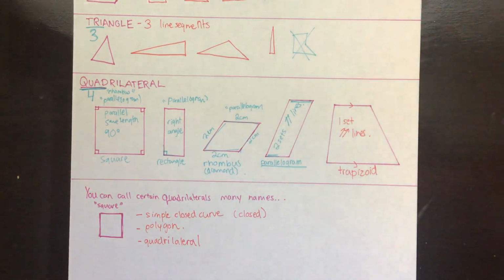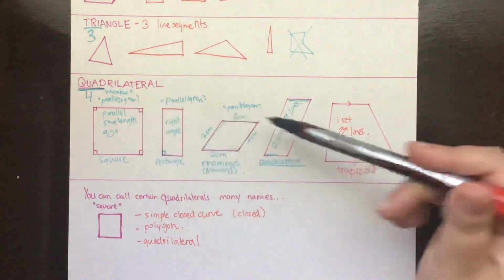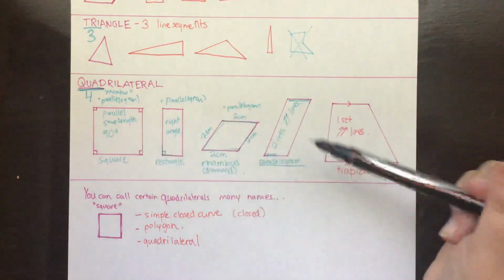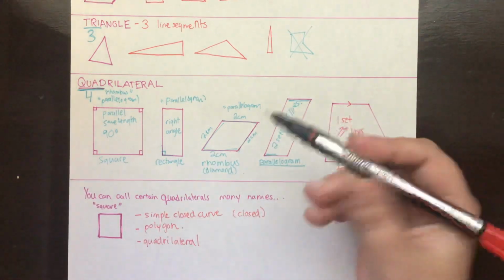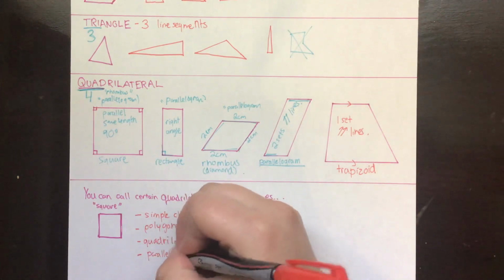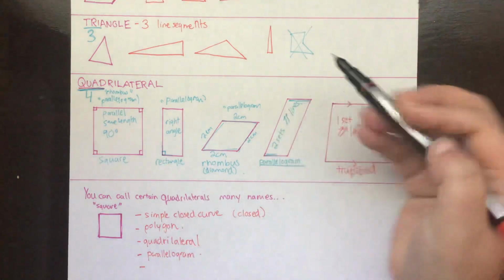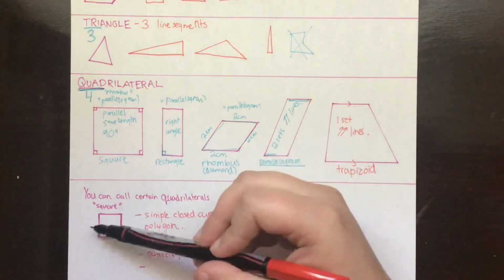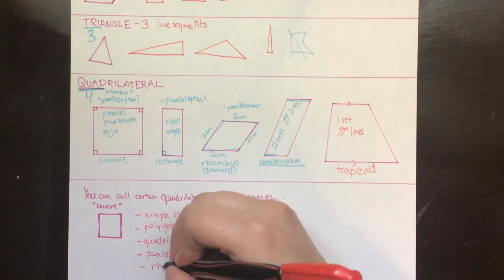What else can we call a square? Well, we know that within the quadrilaterals, it has quite a few different names. First of all, we know that it has 2 pairs of parallel lines. That means it is known as a parallelogram. We also know that all the sides are the same length, and if all the sides are the same length, it can be known as a rhombus.